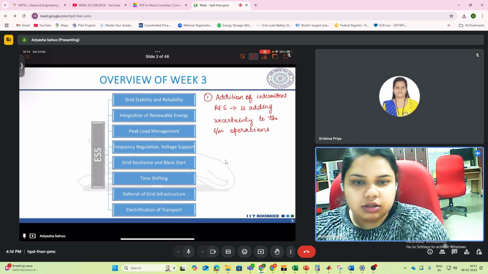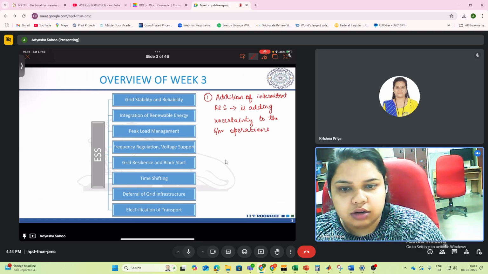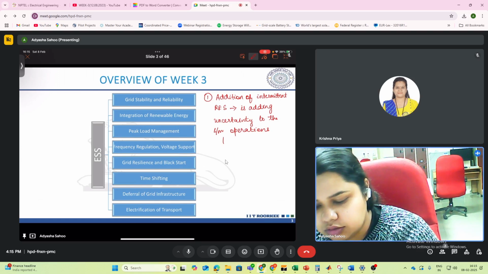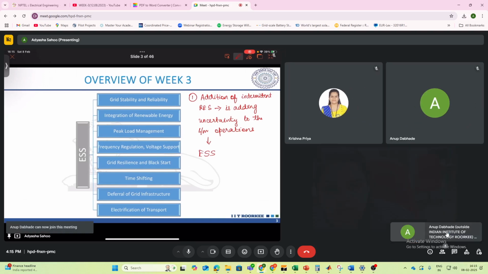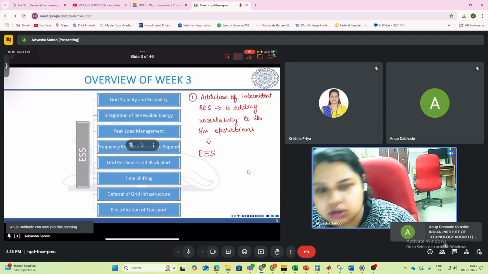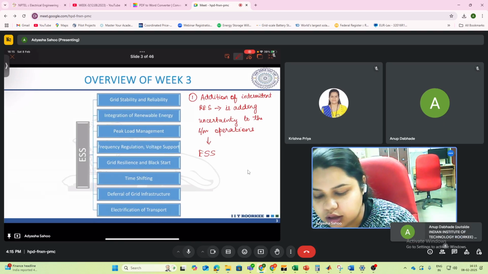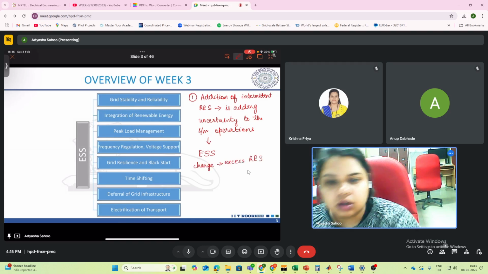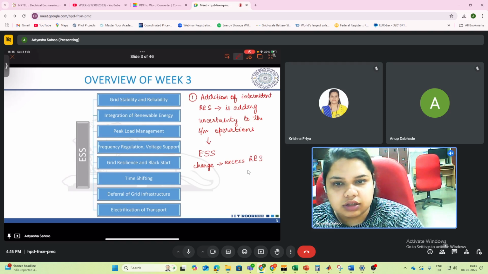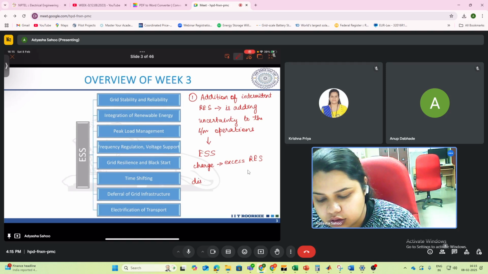So, to manage these uncertain renewable energy sources and to integrate more and more such intermittent resources to our grid, the energy storage integration is crucial, because what the energy storage system can do is charge during excess renewables, so that the grid is not facing issues of over voltage or over frequency, and then during the hours of their absence they can discharge.